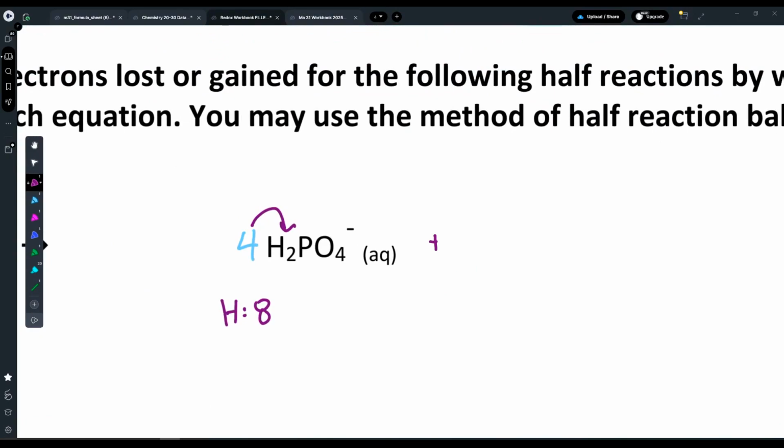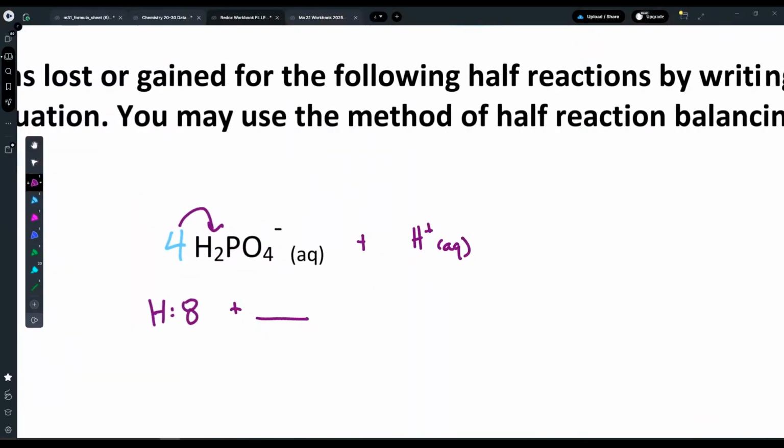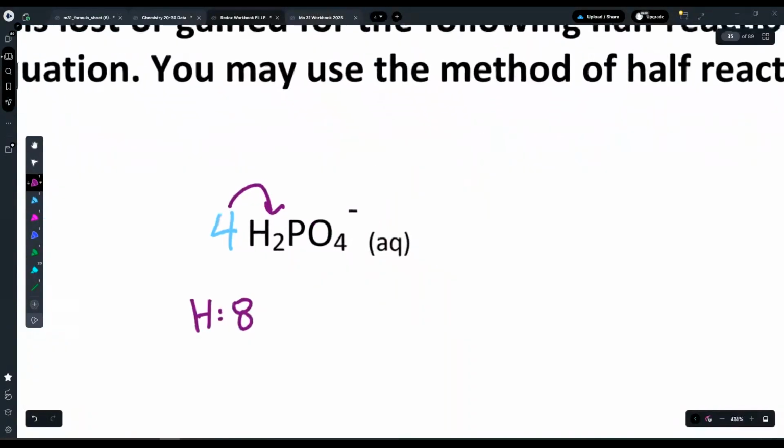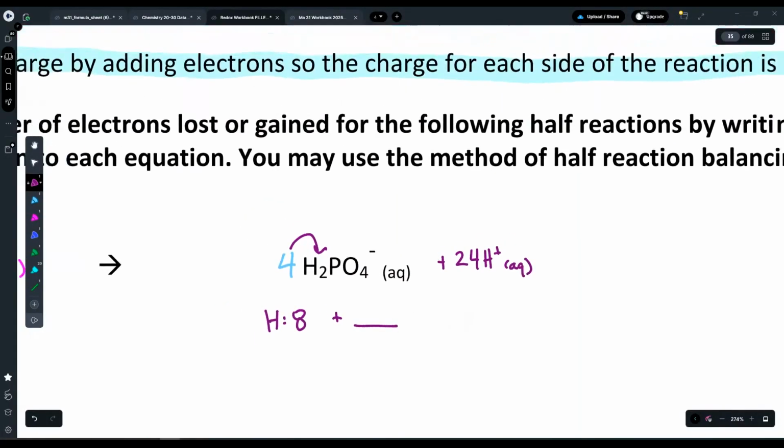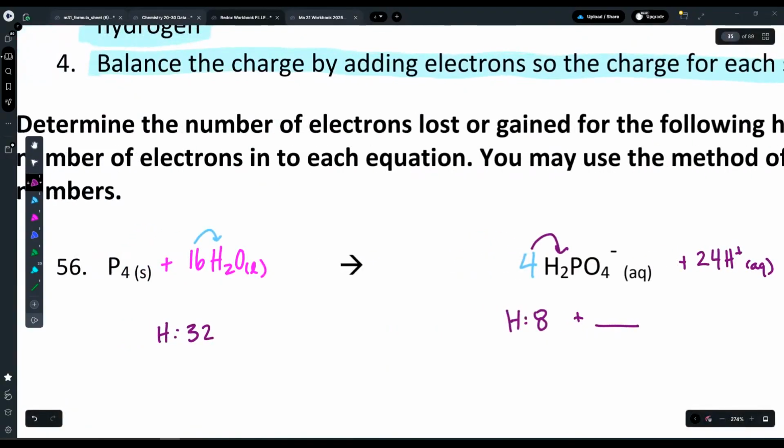So I'm going to go over here, add my H+ ions, and I'm asking myself, 8 plus what is going to be equal to 32? Well, that's going to be 8 plus 24. So now that we have that done, let's get rid of this.